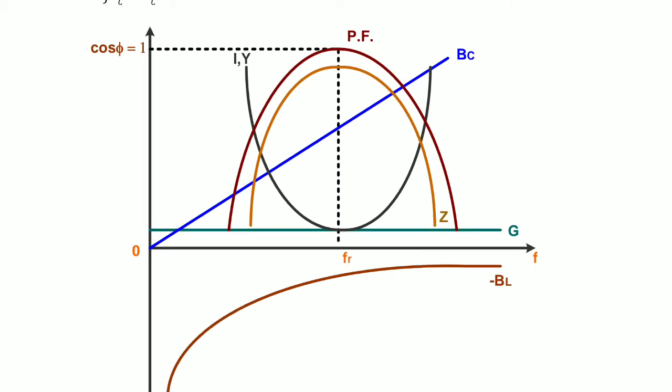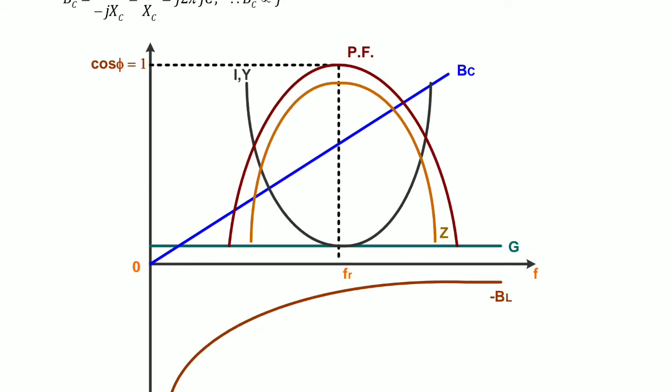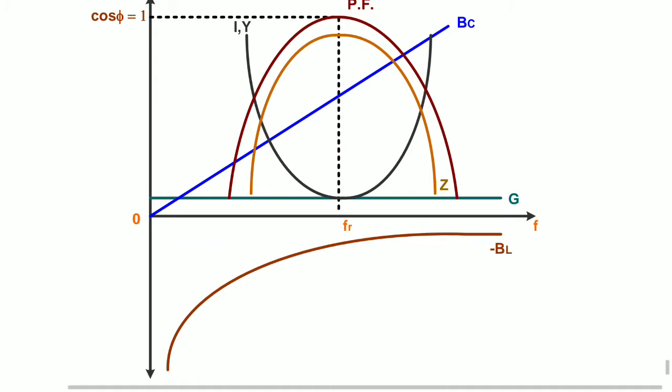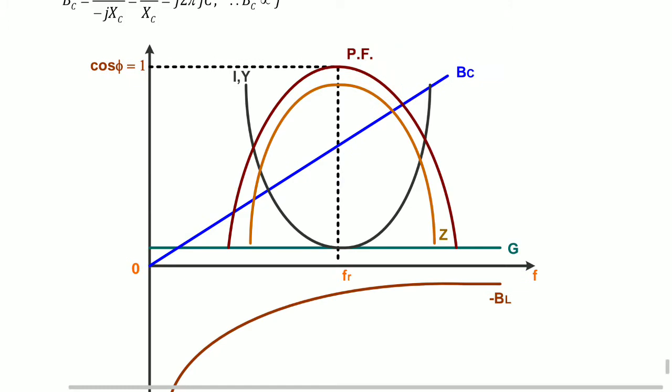Here the blue color is showing BC, the susceptance of the capacitor. BC is nothing but the susceptance of the capacitor, and BL is nothing but the susceptance of the inductor. Now Y is the admittance.